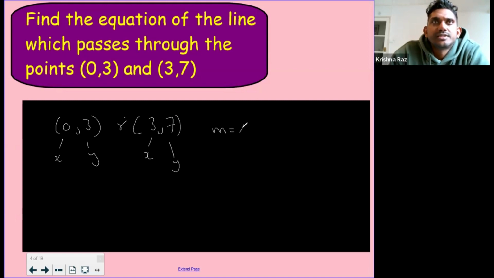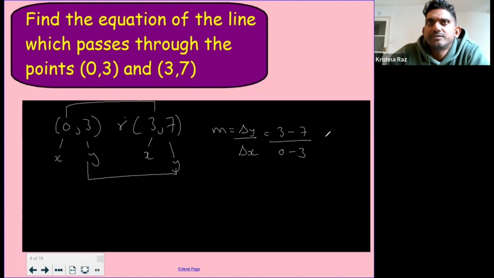So gradient is delta y over delta x, which means the difference in the y's divided by the difference in the x's. You don't want to muddle those up and get them the wrong way round. So we end up with minus 4 over minus 3, which is 4 over 3.